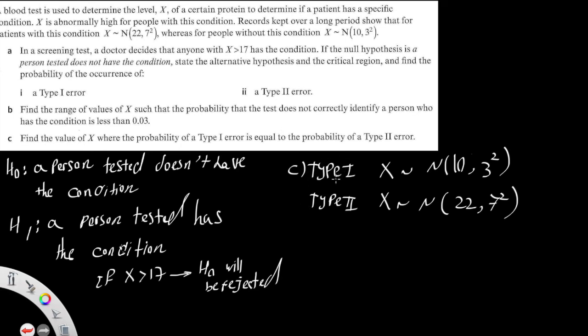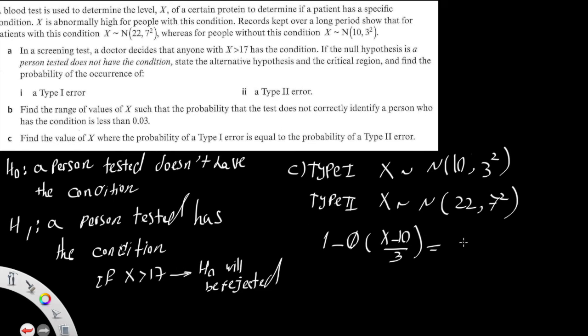So for type 1, H0 is true while it is rejected. So when do we reject H0? When x is greater than the x that we are looking for in this part. So in normal distribution table, the probability of greater will be 1 minus phi of x minus 10 over 3, which is equal to, for type 2 error, actually H0 is false, actually H1 is true, and H0 is accepted.